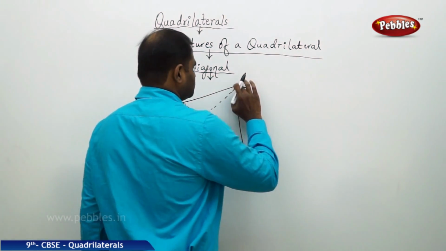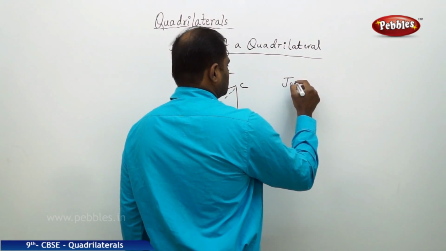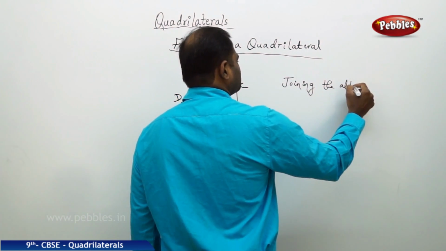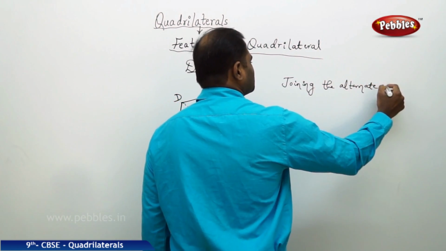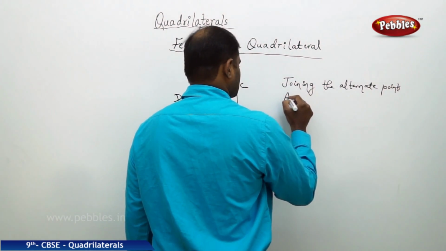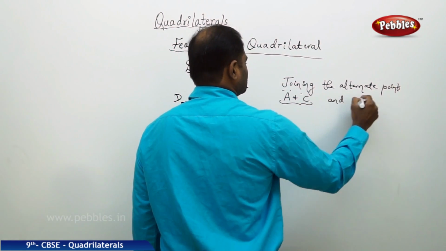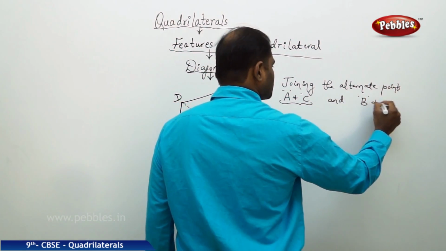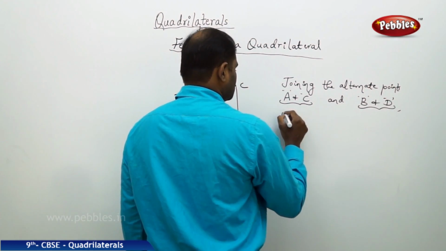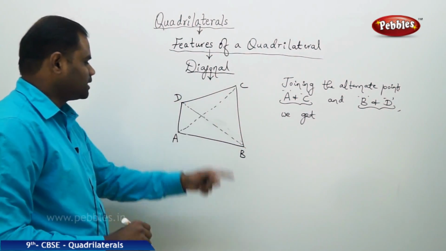So here, joining the alternate points A and C and B and D, we clearly get the line segments AC and BD.